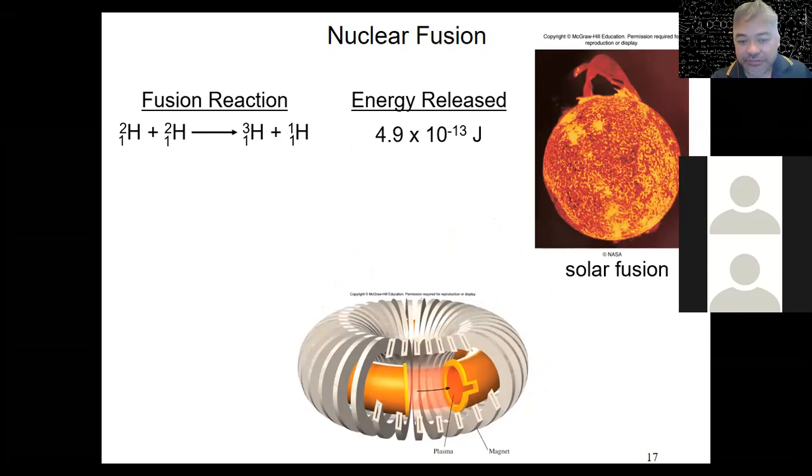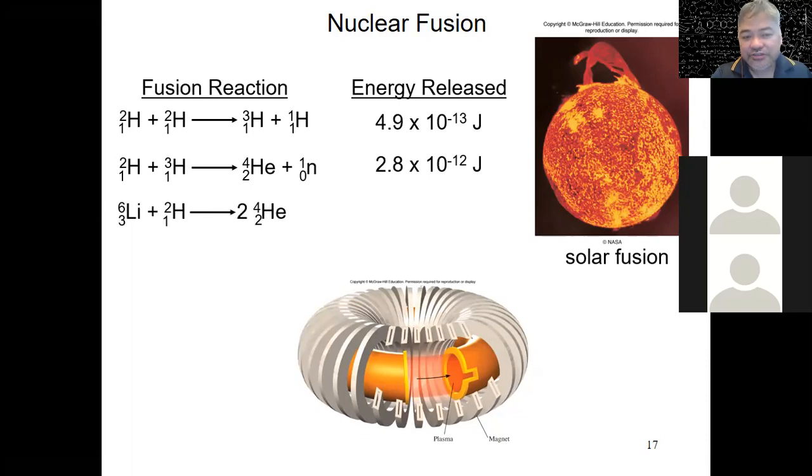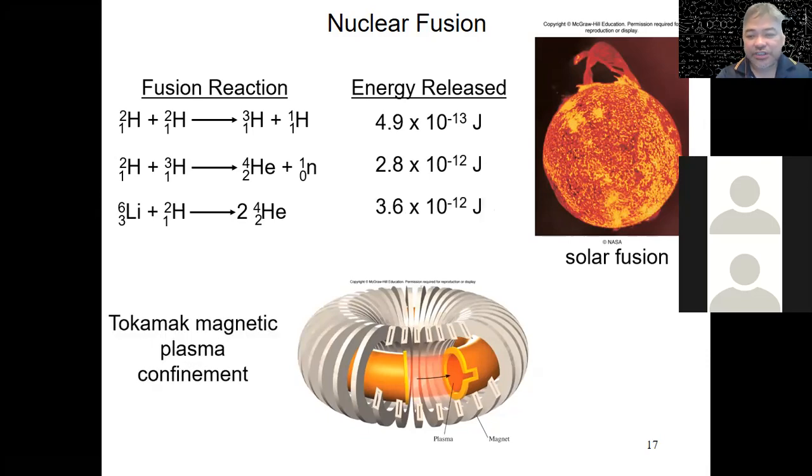For example, deuterium reacting with deuterium to produce tritium and hydrogen. Deuterium reacting with tritium to give you helium and a neutron. And lithium reacting with deuterium will give you helium. And each of them generates some energy.